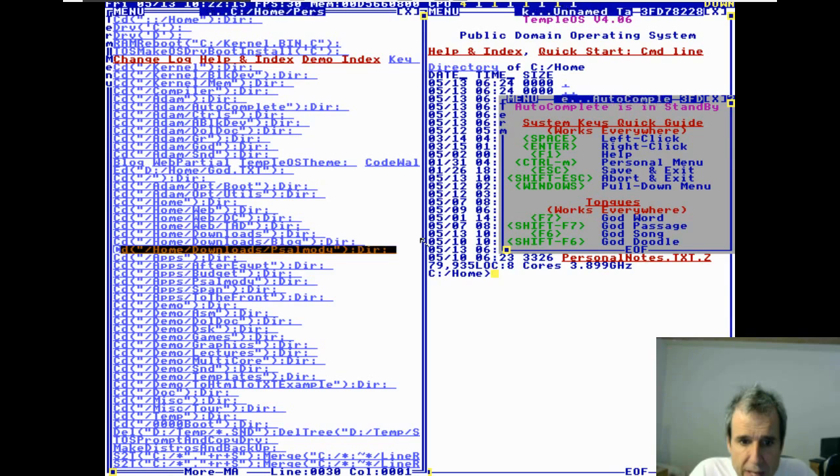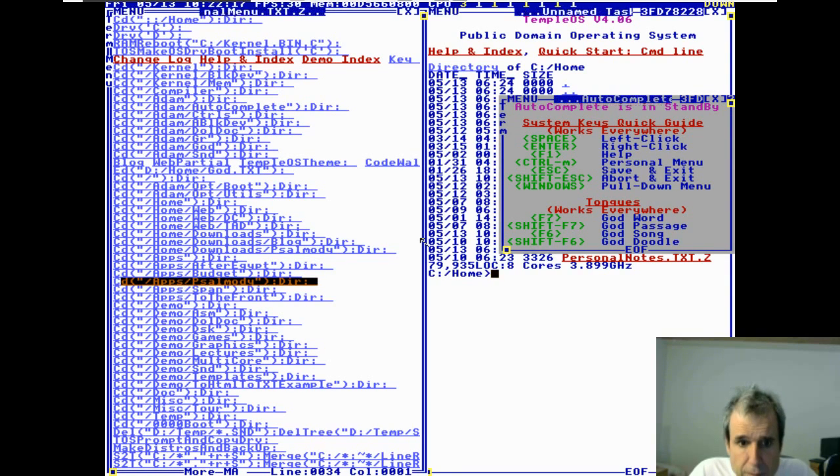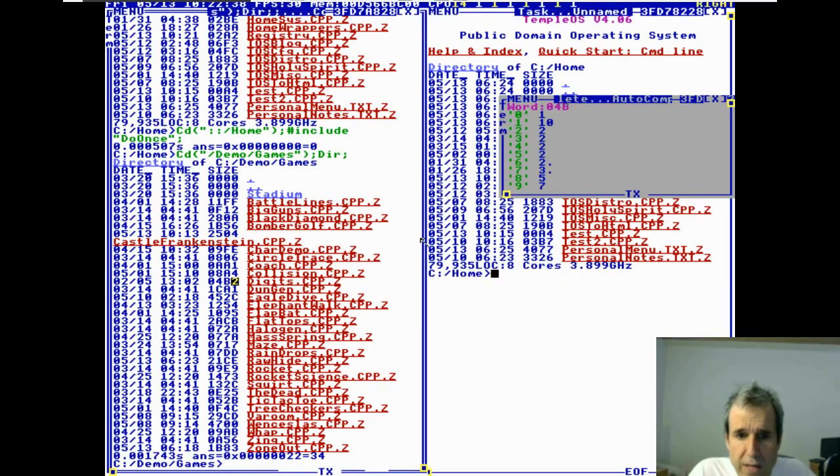Let's do a profile of the first person shooter. It only uses 20% of one core. The flight simulator uses much more. It doesn't use dithering, by the way. So let's profile the flight simulator just to see.